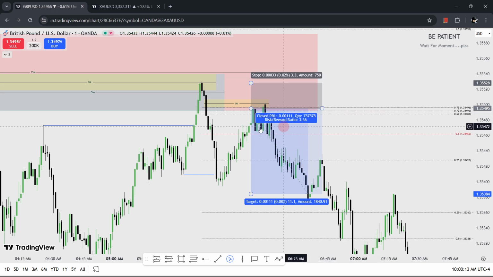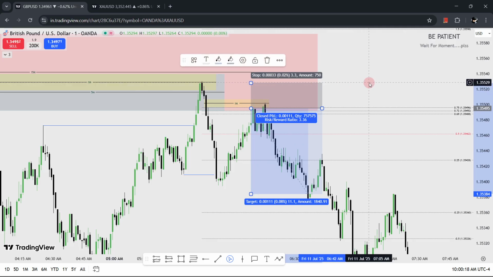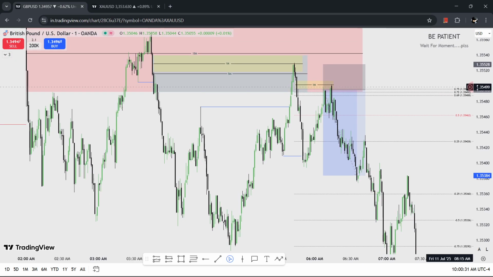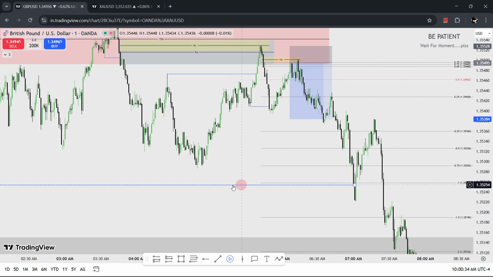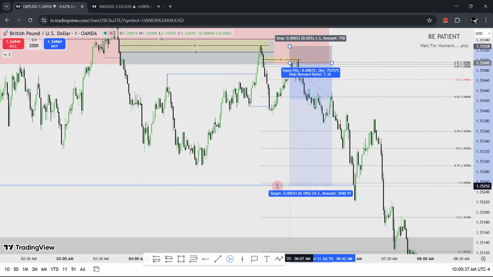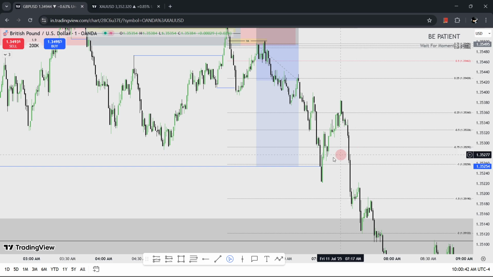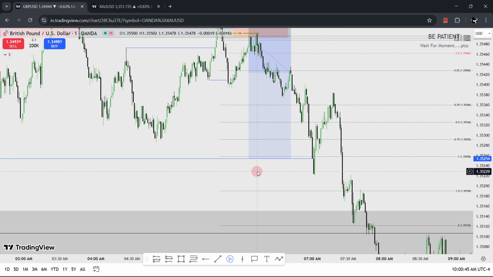So we have that structure shift, entry, stop loss above here. When I put that 5 minute stop loss here, and when the structure shift happened, I just moved my stop loss to here. We were targeting, but this was our main target. In my mind, I hoped that it would go this far after where we are.